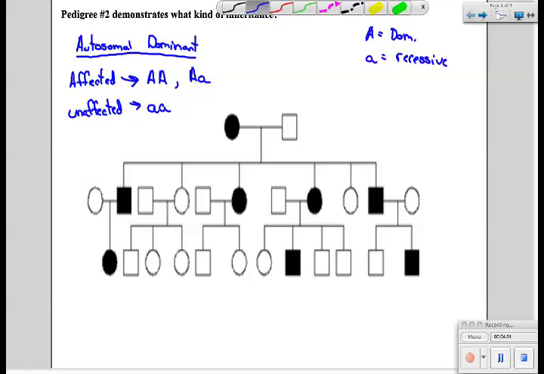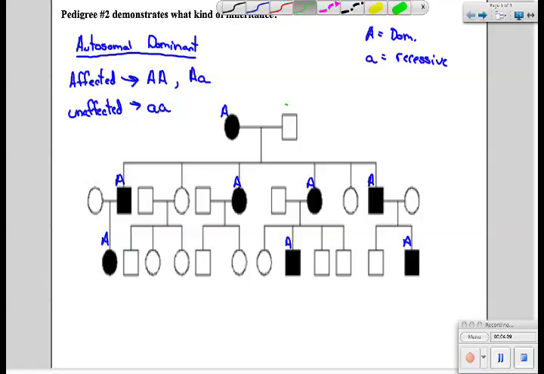Let's take a look and see what we can determine. Looking at this pedigree, all of these affected individuals must have at least one copy of the dominant allele. We don't necessarily know the second copy by just looking at that individual. So let's go through and we'll label these, just putting in the first allele. We don't know what the second allele is right now. We also know that everyone who is unaffected has to have the little a genotype.